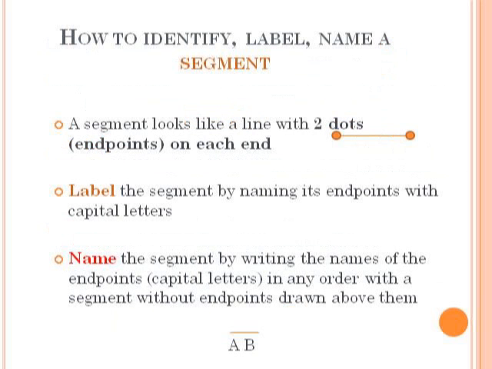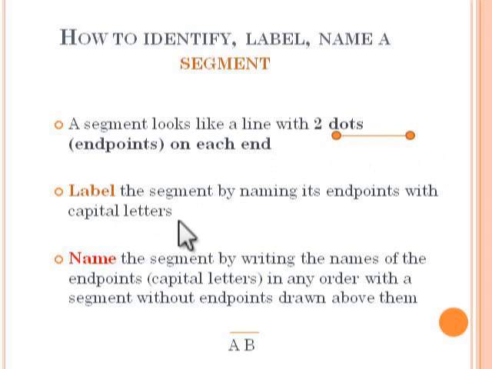Okay, the next thing we're going to look at is a segment. We often use the word line here, even though we really don't mean line. We misspeak what a segment is often. So hopefully you won't catch me doing that. A segment looks like a line, but instead of arrows, it has endpoints on either end. Okay, so that's identifying it.